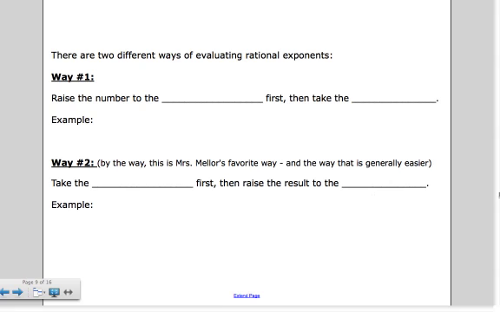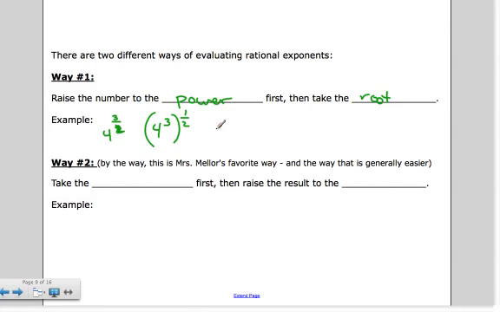Okay, just like we just saw, there are two different ways of evaluating rational exponents. The first way is to raise the number to the power first, then take the root. Okay, for example, let's say I have 4 to the 3/2. Well, what if I did 4 cubed first and then took the square root, the 1/2 power?